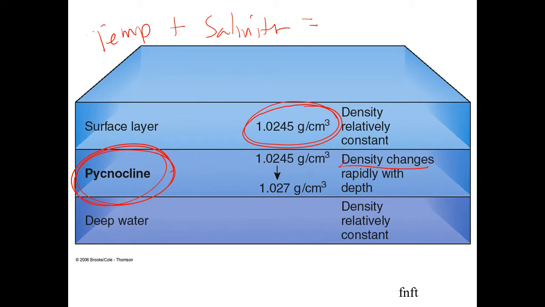The bottom layer of the ocean is relatively constant though as the most dense. And the middle layer, still a cline, gives us change. But again, it's telling you that density is changing rapidly with depth. What that's doing, look, we're going up in number. So our density increases as we go down in the ocean.